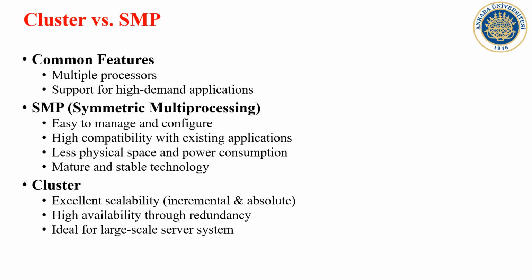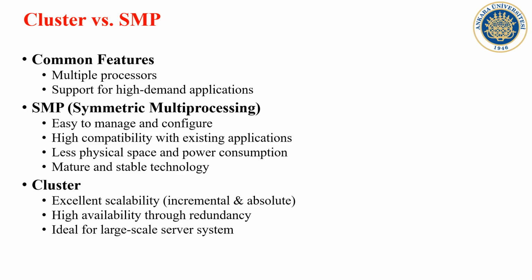SMP is very close to the traditional single processor model, so most applications can run with minimal change. Typically, only the operating system scheduler needs to be modified. In addition, SMP systems usually require less physical space and consume less power than comparable clusters. They are also well-established and stable technology.